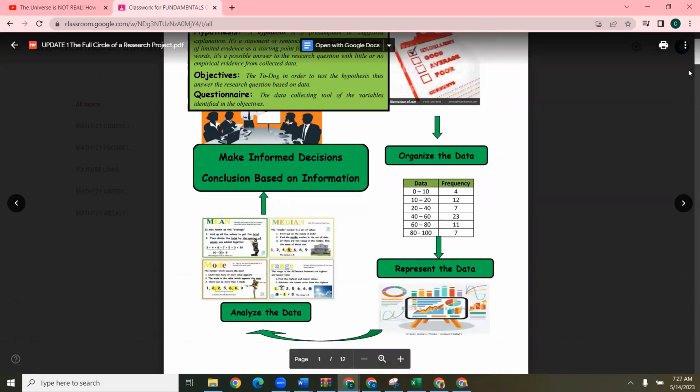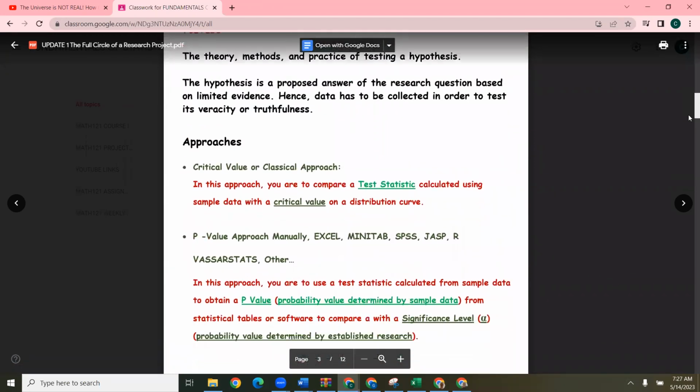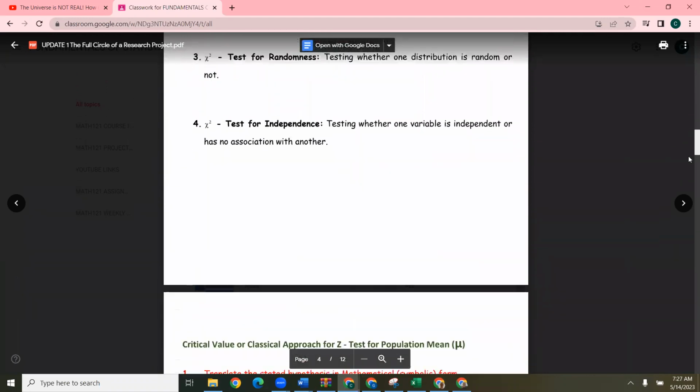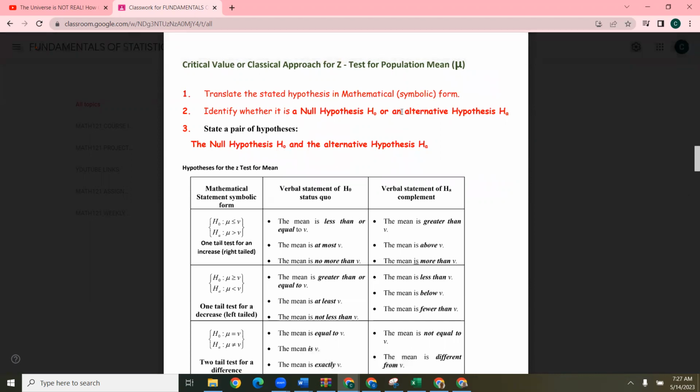If you scroll down in this very interesting document, you will see some information on hypothesis testing. And here you have the steps for a critical value or classical approach for z-test for mean. So we can use that because this is tailor-made specifically for a z-test for mean classical approach.